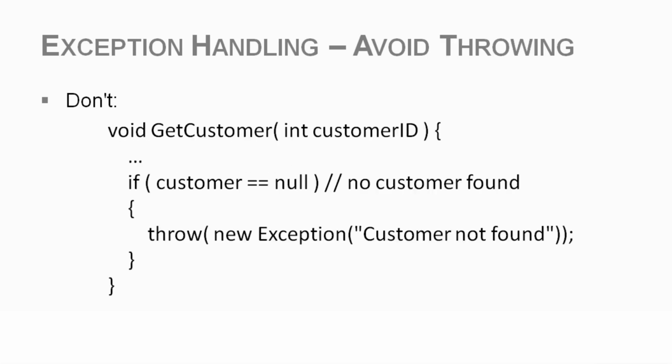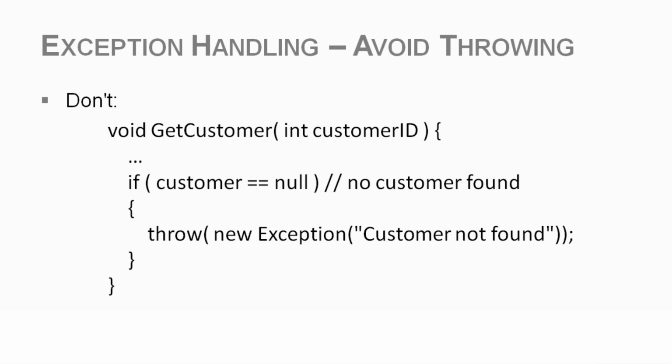So in this example, we're going to try to avoid throwing an exception. Now this method is a void method, despite the fact that it says getCustomer. So we have a getCustomer routine that returns nothing, and we pass in an int customer ID. And we're not happy if the customer is equal to a null after we've run this code that looks for the customer.